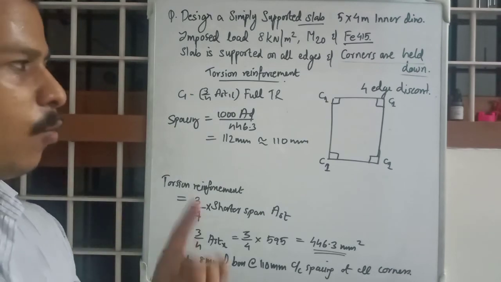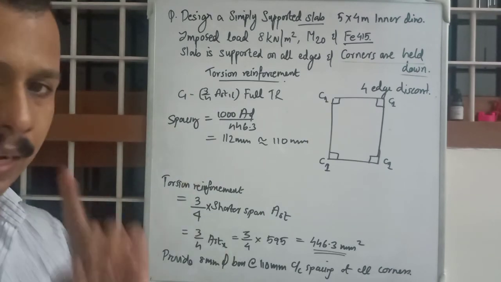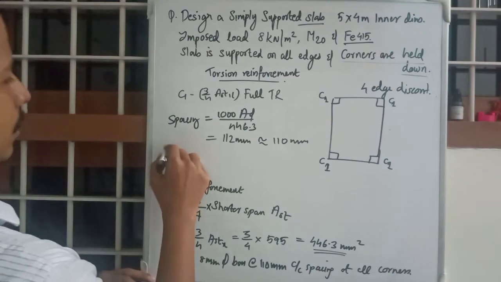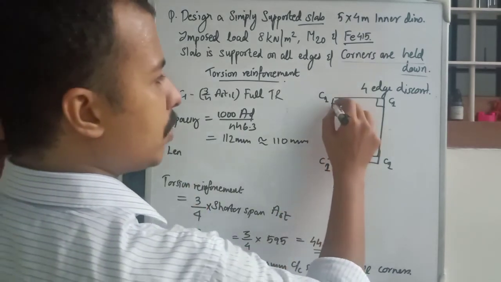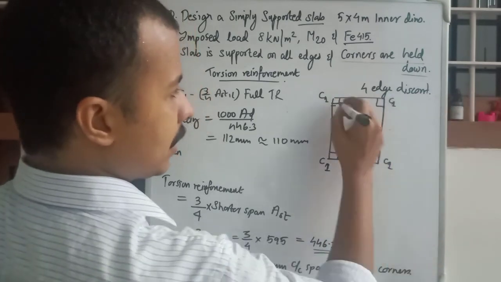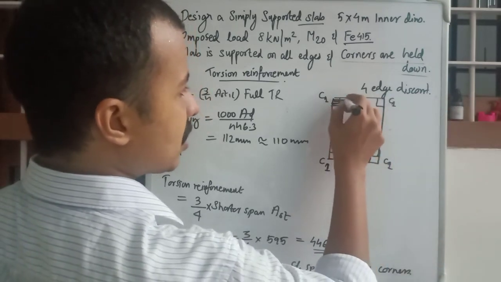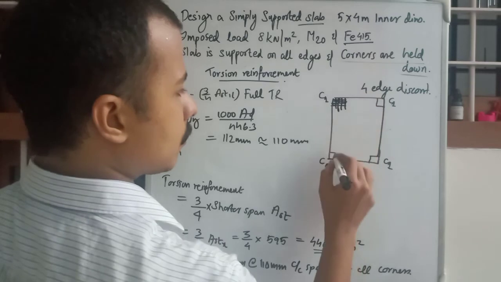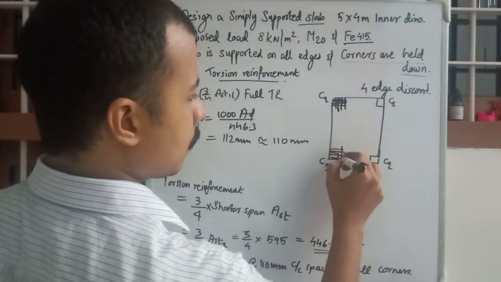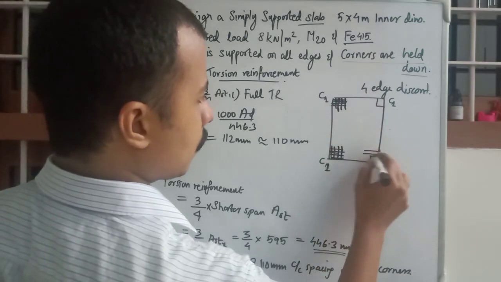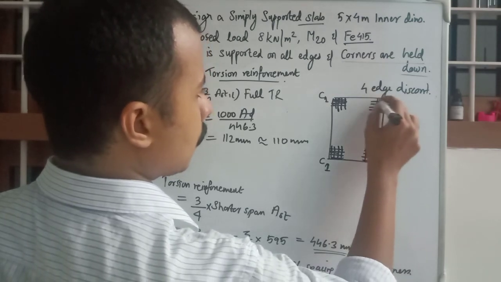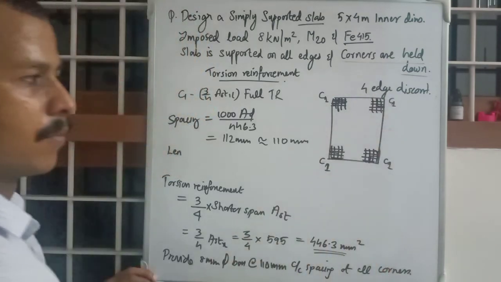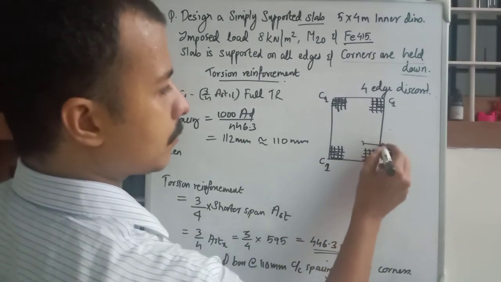One more detail, what should be the length of reinforcement? We wouldn't be providing the whole length, right? We'll be providing it as a mesh like this.